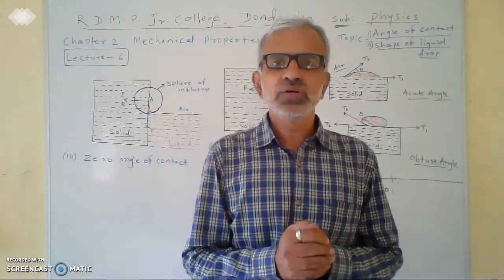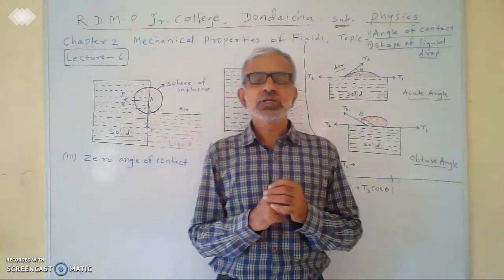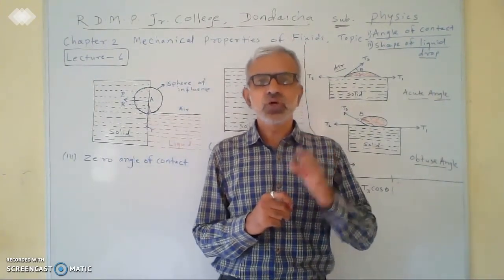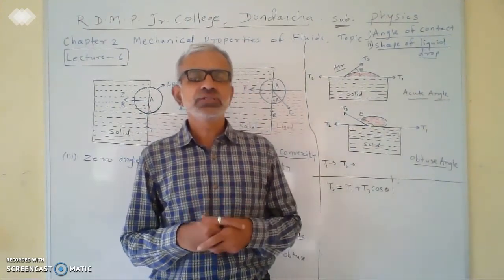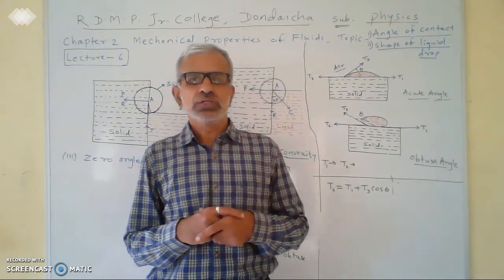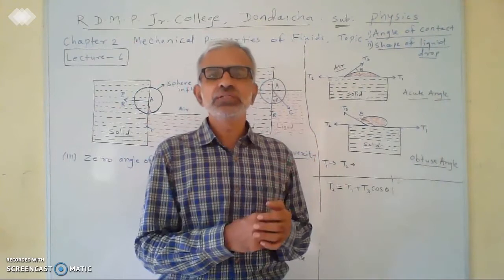For explanation of zero angle of contact we'll take the liquid which will completely wet the solid, and example of such liquid is highly pure water, and the solid is a clean glass.